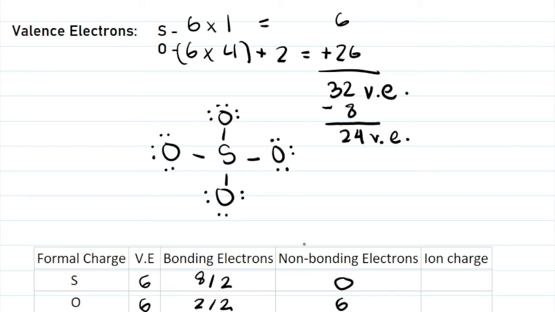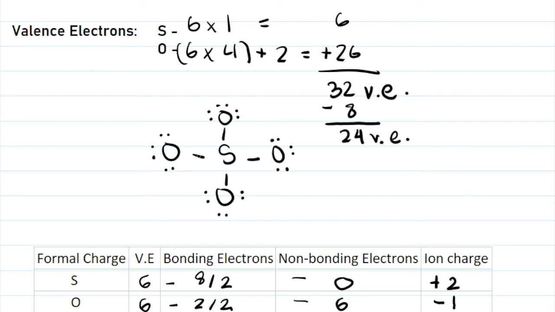Now, to find the total ion charge, you're just going to subtract all of these. So for sulfur, it's going to be 6 minus 4, which is a positive 2. And for oxygen, it's just going to be 6 minus 1 minus 6, which is a minus 1.